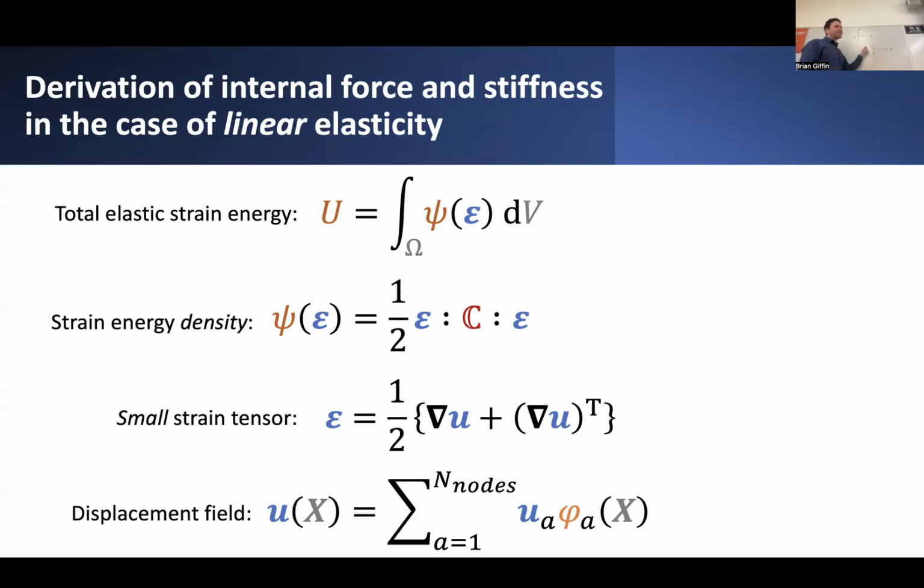So the question is, how much energy is stored per unit of volume by this material if it's subjected to this linear elastic deformation, and if we assume that the slope of this curve is just the Young's modulus for a simple one-dimensional material.